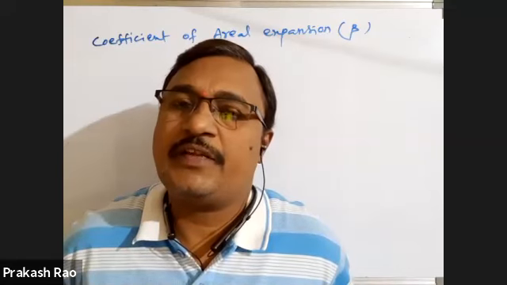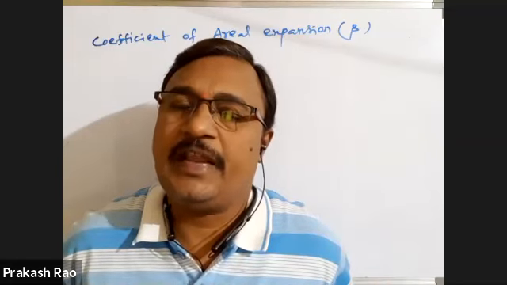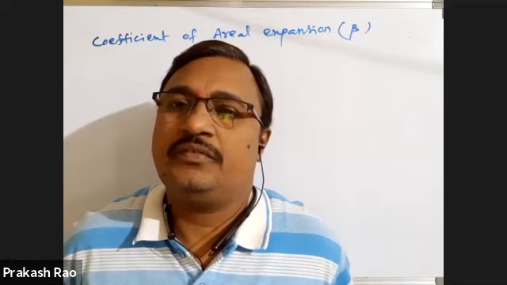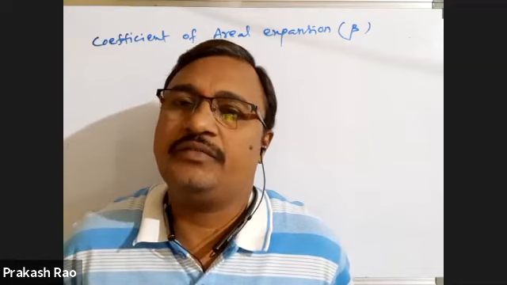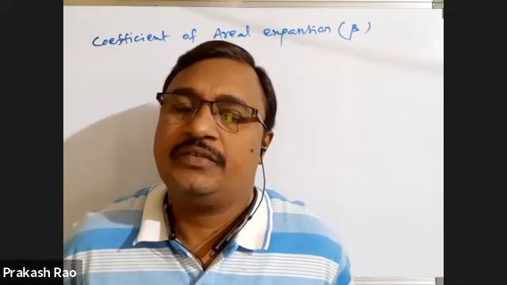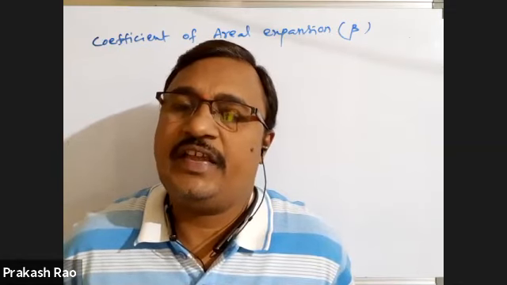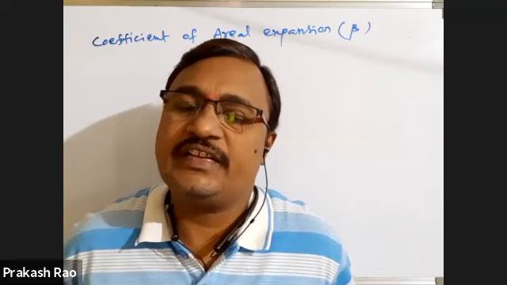Why am I taking A2? Because when the plate is heated, the molecules undergo thermal expansion. Due to that, the area of the plate increases. So final area minus initial area gives the value of increase in area.